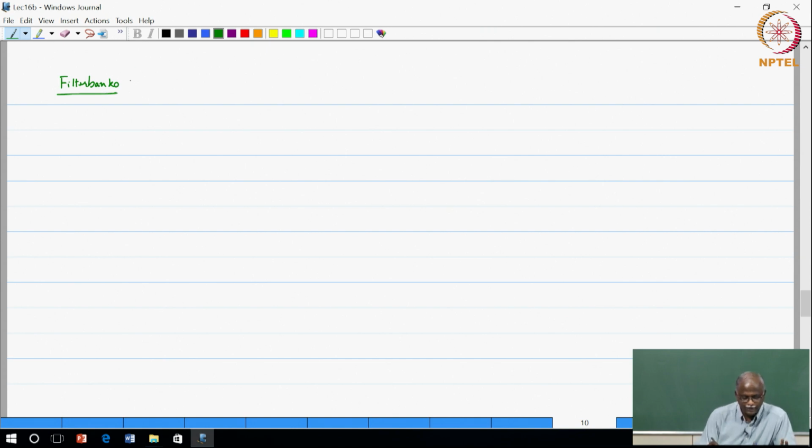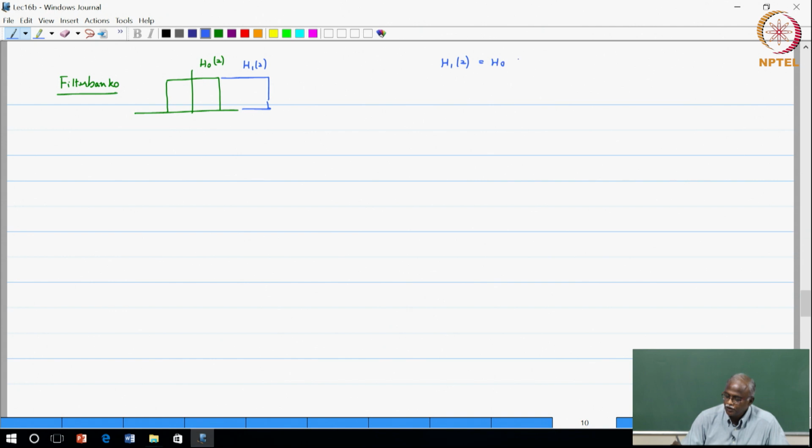So, filter banks, we already said that the basic operation that we will get is through a modulation, which will shift this. If this is H0 of Z, this is H1 of Z, and we said that H1 of Z is H0 of ZW.